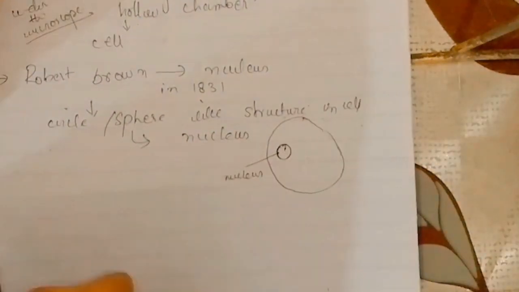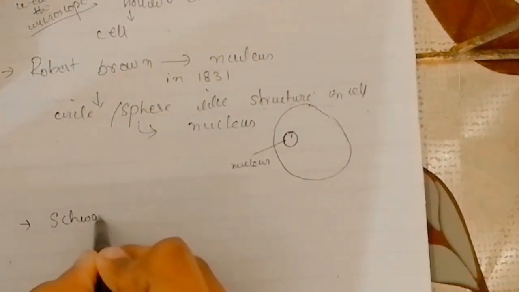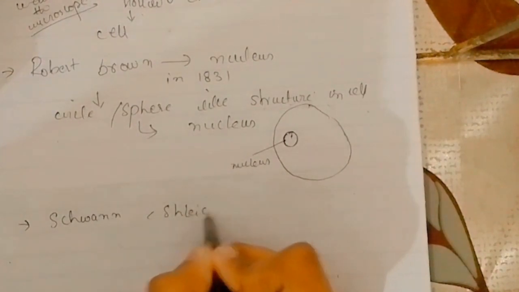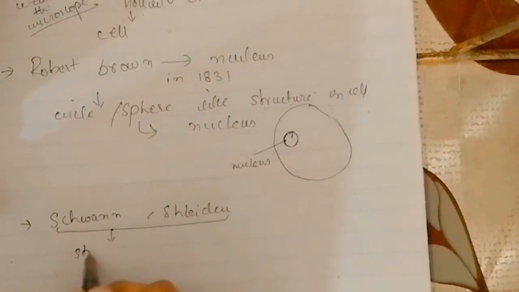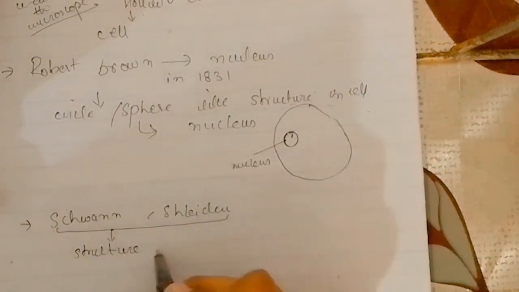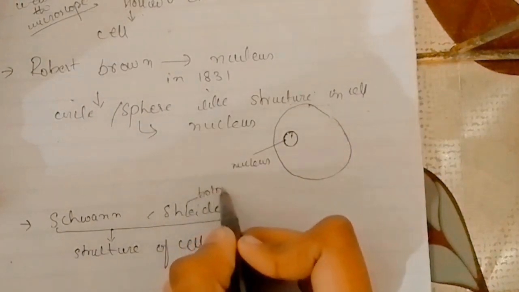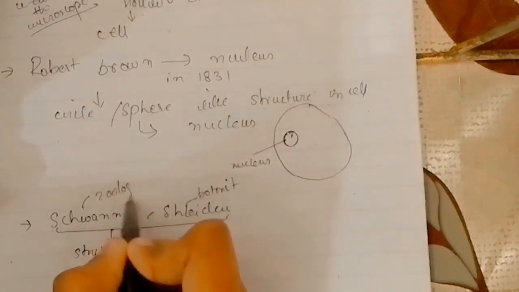Then two other scientists came, Schwann and Schleiden. They both defined the structure of the cell. Schleiden was a botanist and Schwann was a zoologist.